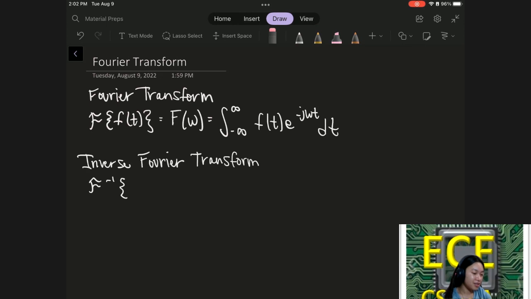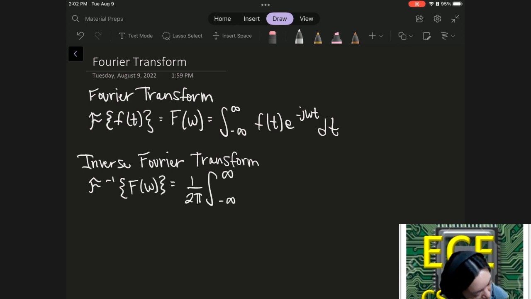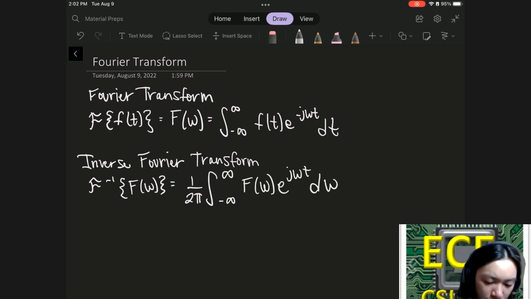So it's F of w, not F of t, which equals 1 over 2 pi of the integral from negative infinity to infinity of F of w e to the j omega t dw. There's a t? Oh, there's a t.